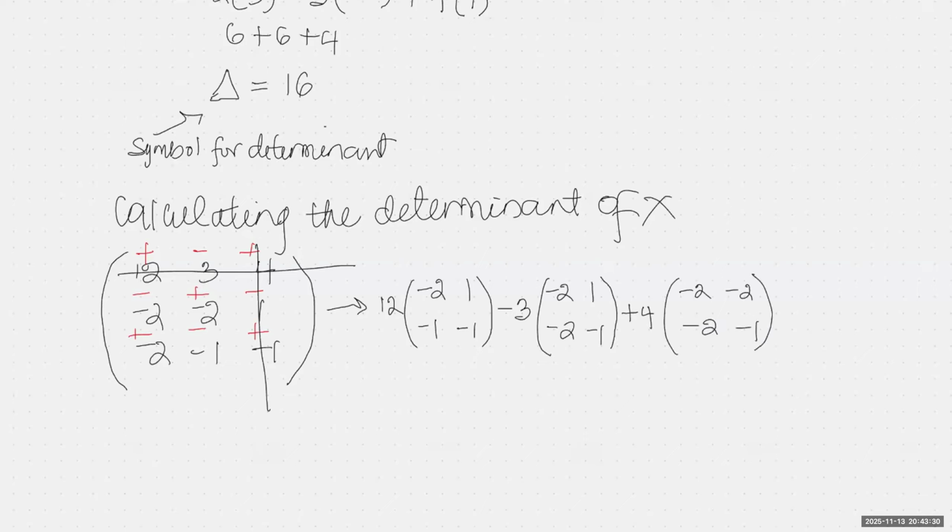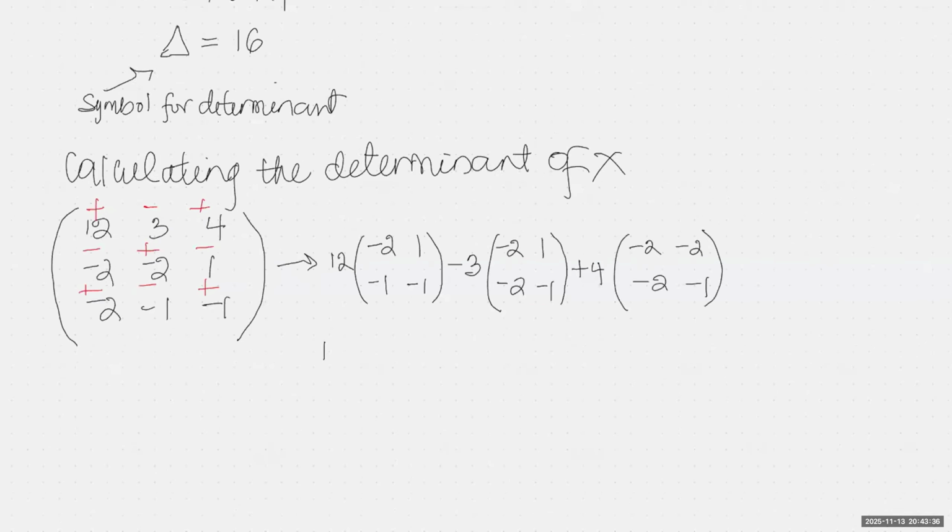Watch me. This is going to be 12 into -2 times -1 minus 1 times -1. Finish with that. -3 into -2 times -1 minus 1 times -2. Finish with that.